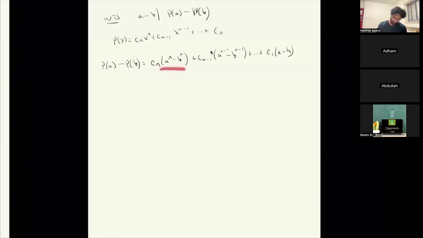Each of these terms is divisible by A minus B because of the great identity. So this is equal to A minus B times A to the n minus 1 plus A to the n minus 2 B, plus all the way to B to the n minus 1. And likewise for the rest of them. Does it make sense?